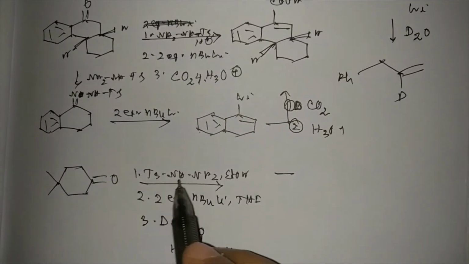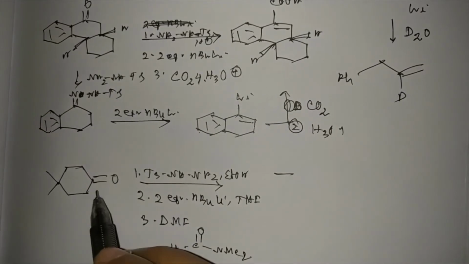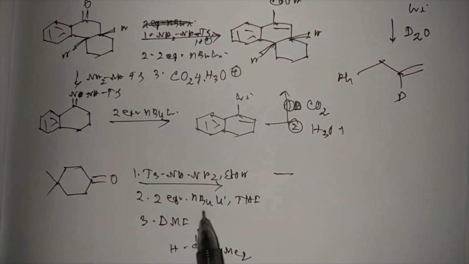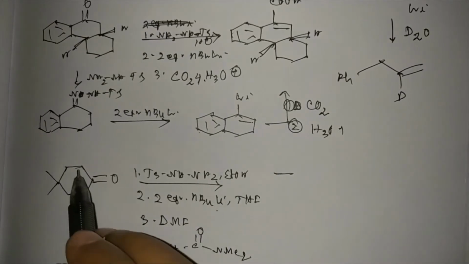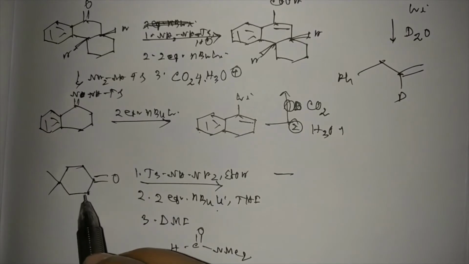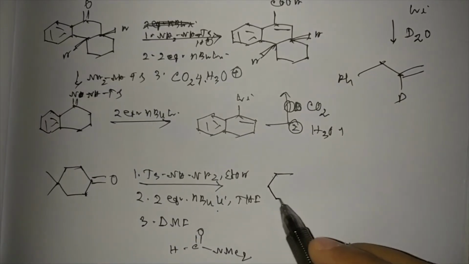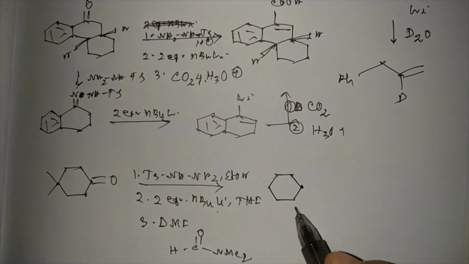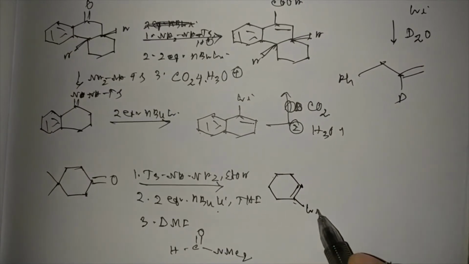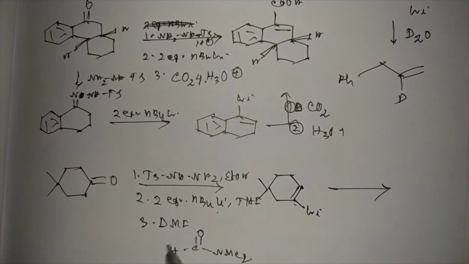Now as you can see, if it is treated with this, then it will be converted to the tosyl hydrazone, then 2 equivalents of n-butyl lithium. Here both these sites are the same, so one alkenyl lithium species will be formed, and then it is treated with DMF. DMF is the synthetic equivalent of a formyl group.